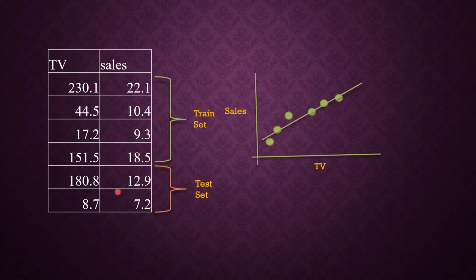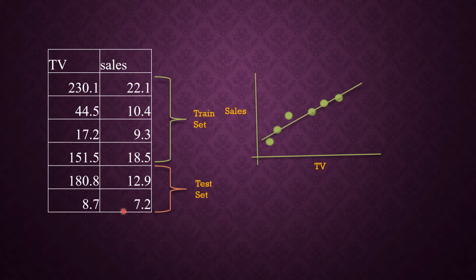It is very rare that both the values would coincide with each other, but mostly they would be very close to each other. So in testing set, what happens? We take only the input, that is the expenditure on television advertisement, and we will not consider the sales because sales is our target variable. And we are going to test our model that we prepared using the training set and see if the sales that you see over here, that is the actual values and predicted values, are close enough or not.